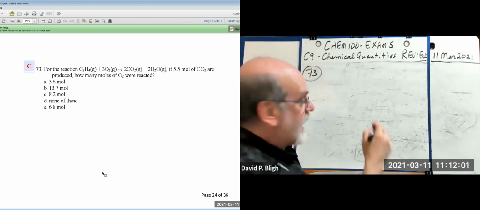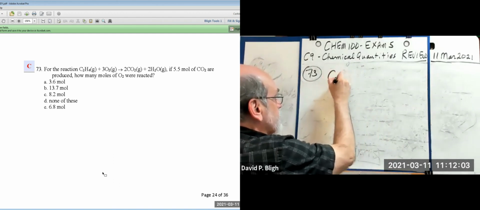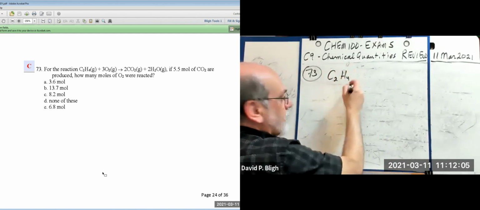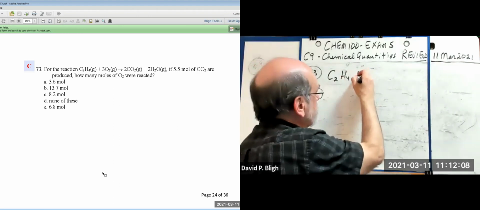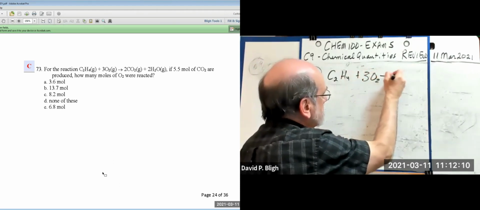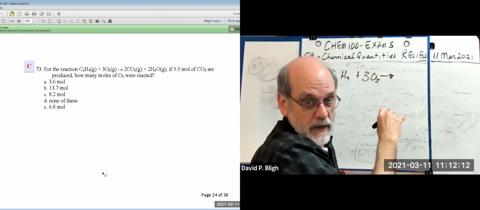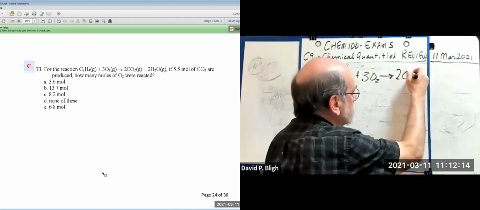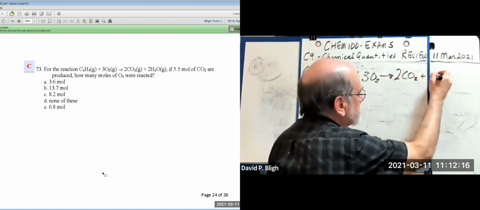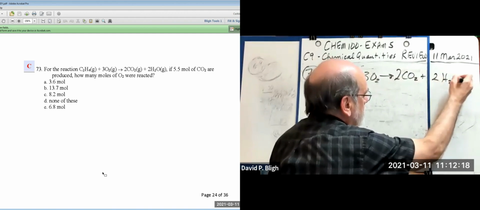All right, so we've got that reaction to guide us. C2H4 takes 3 oxygens to yield 2 CO2s plus 2 waters.